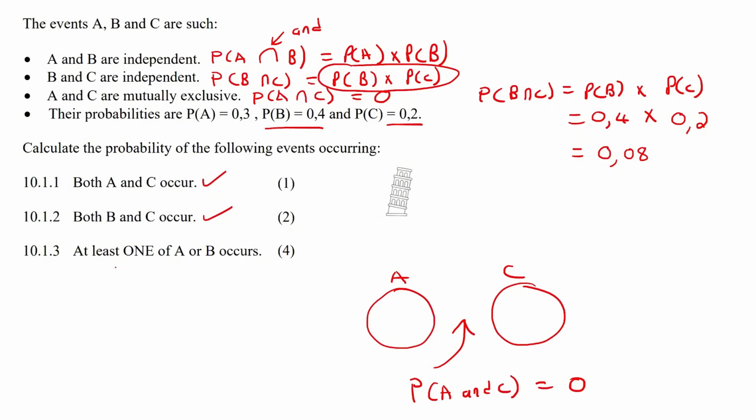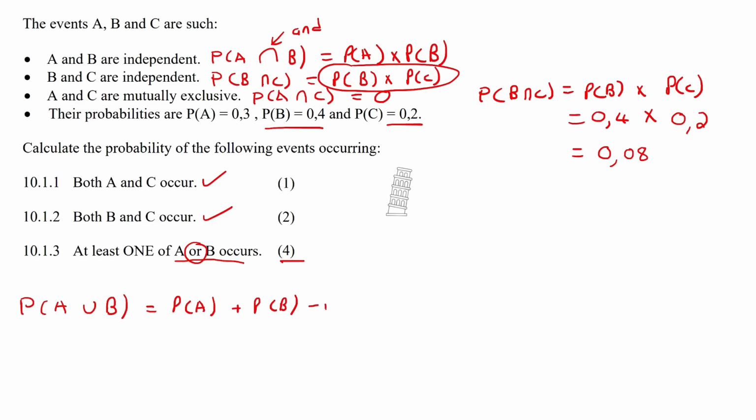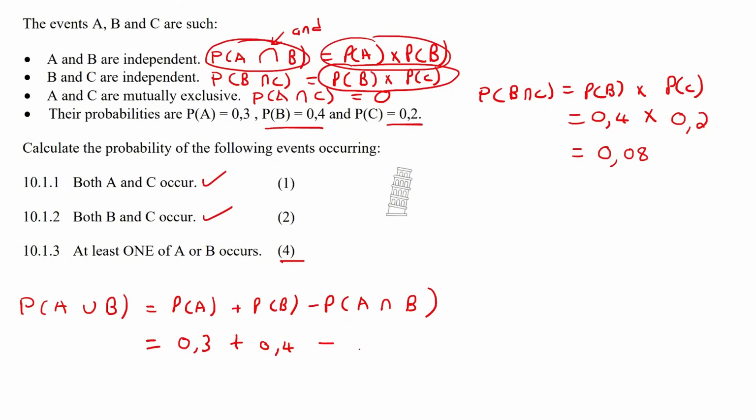Okay, so we've now done this question and this question. Now it says, what is the probability for 4 marks that at least one of A or B? So we know that we learned it in grade 11 already, that there is a formula that uses OR. You see how they've got OR over there? And so it goes like this. And it's a formula that is on your formula sheet, and then it has minus A and B. So we can then say that that's going to be equal to the probability of A, which is 0.3, plus the probability of B, which is 0.4, minus the probability of A and B, which we said over here is them two multiplied together.